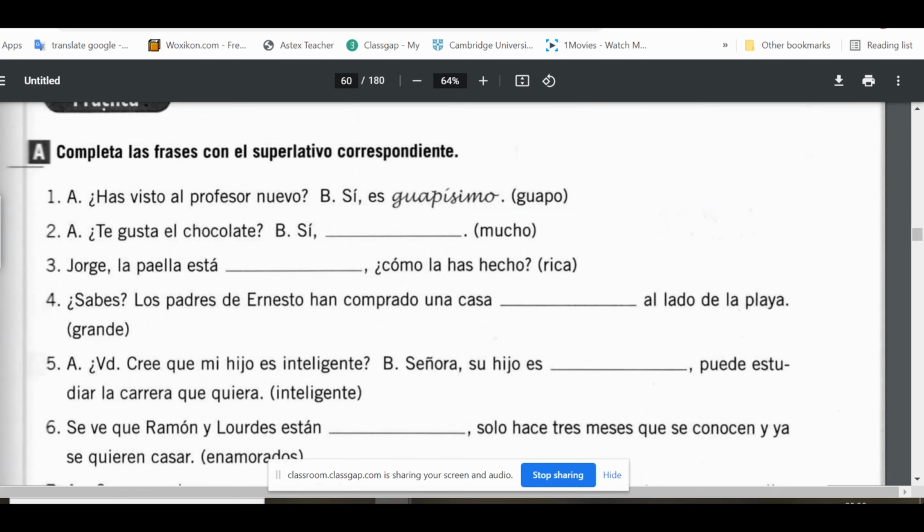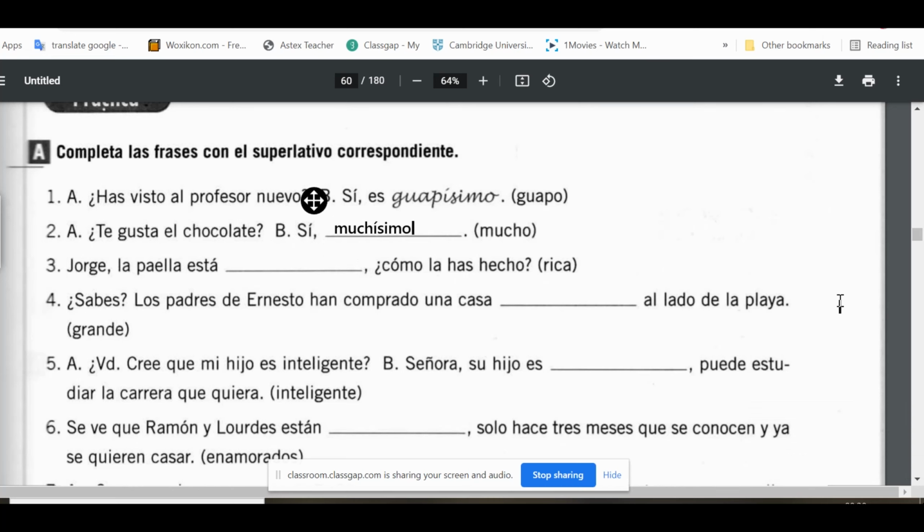Has visto, profesor, ¿no? Sí, es guapísimo. Extremely handsome. Really handsome. Gorgeous, yeah? ¿Te gusta el chocolate? Sí, muchísimo. Muchísimo. So notice how it changes.